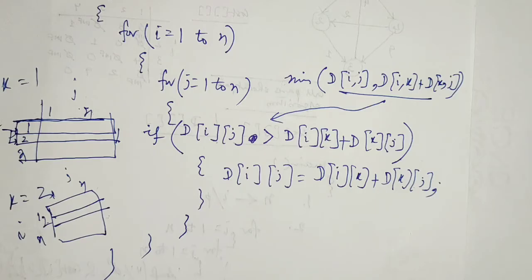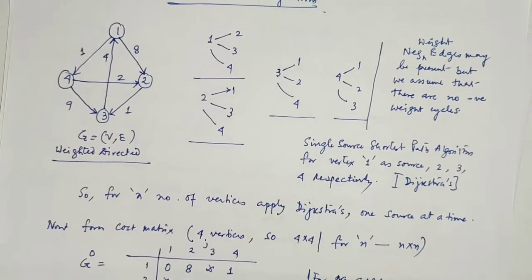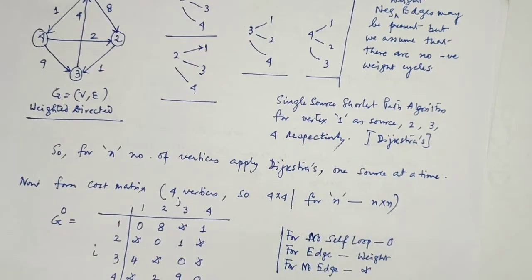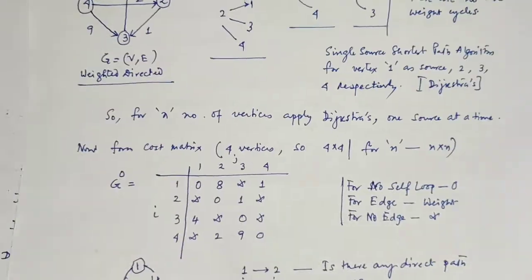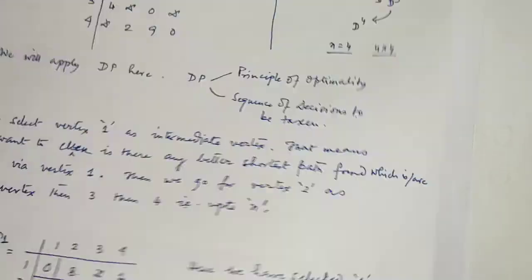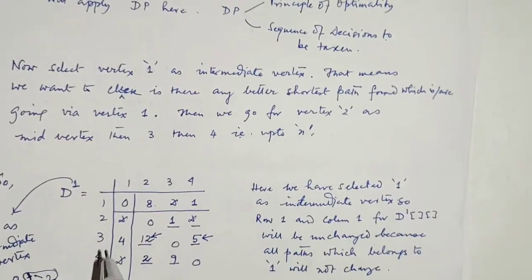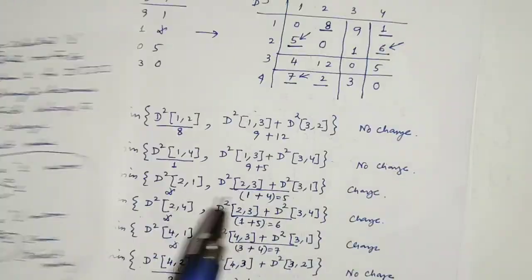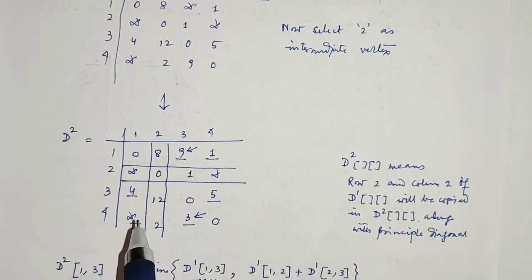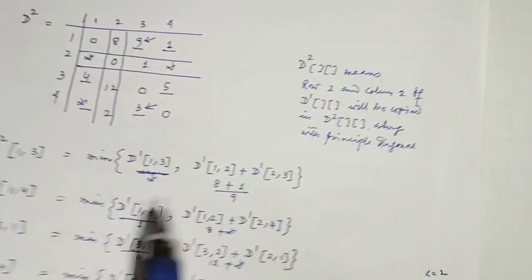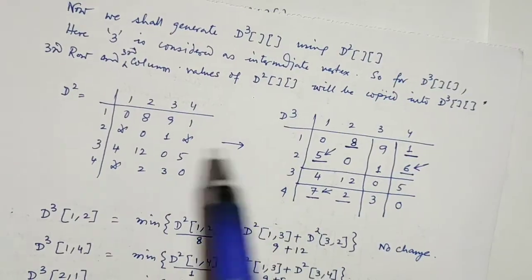So in our theory lecture I have told you that I have this graph. So I have 4 vertices in the graph. So this is d0. So g0 must be copied into d0. So d0 is basically g0. From d0 you can derive d1. From d1 you can derive d2. From d2 you can derive d3.